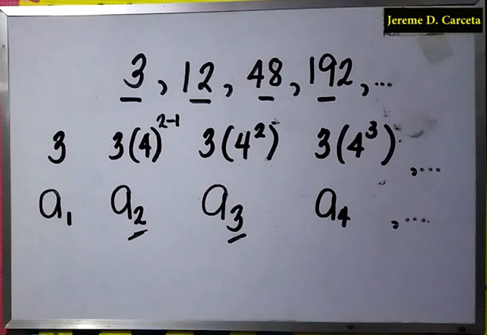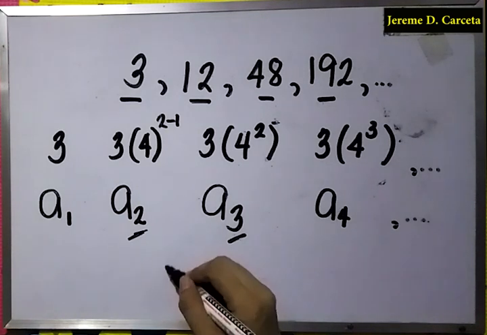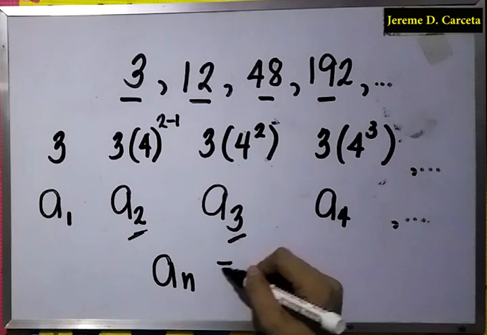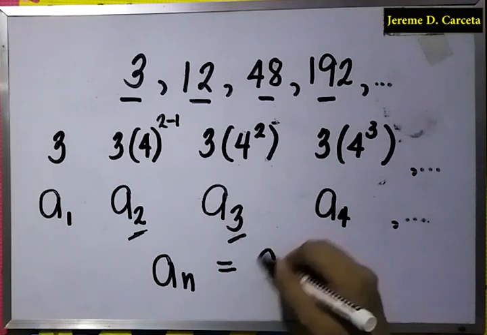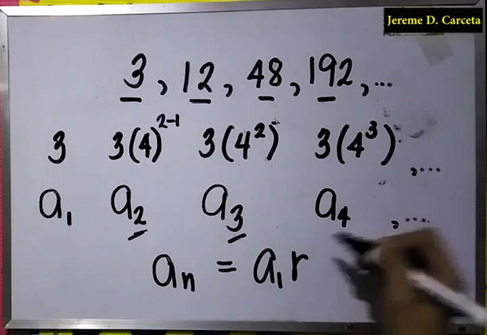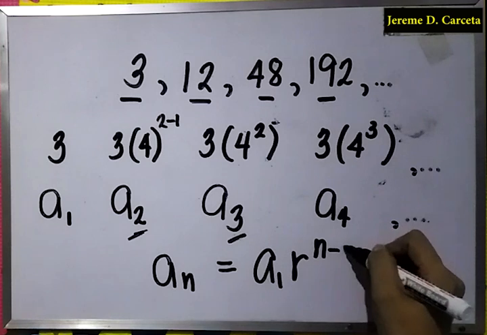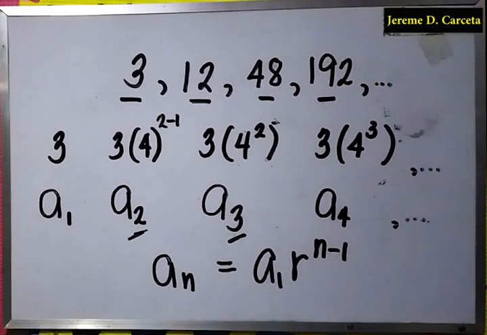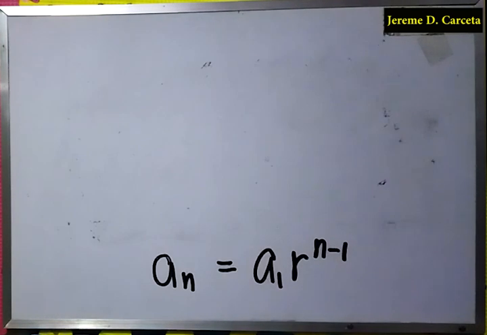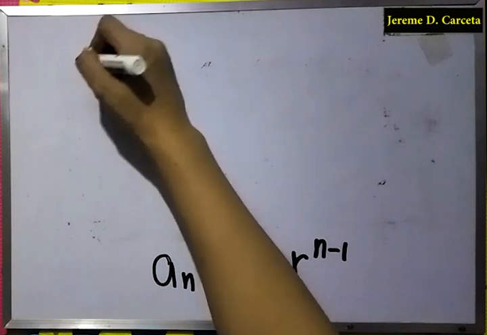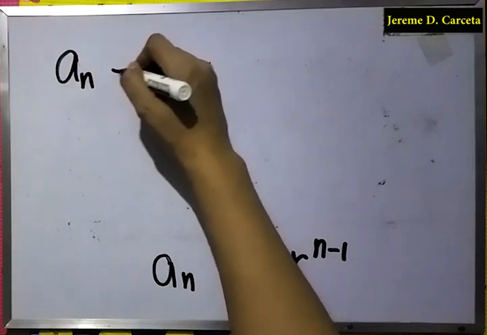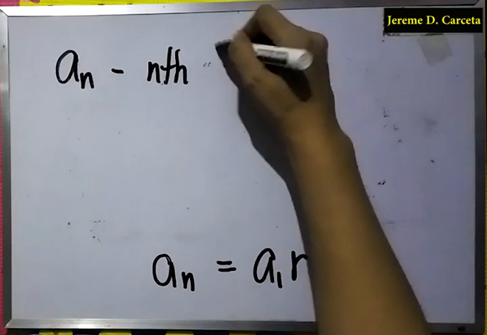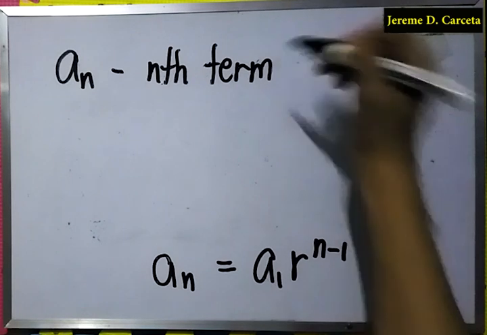So in that case, we can get the formula for finding the nth term of a geometric sequence, which is a sub n is equal to a sub 1 times r raised to n minus 1. Here, a sub n is our nth term, or the last term.